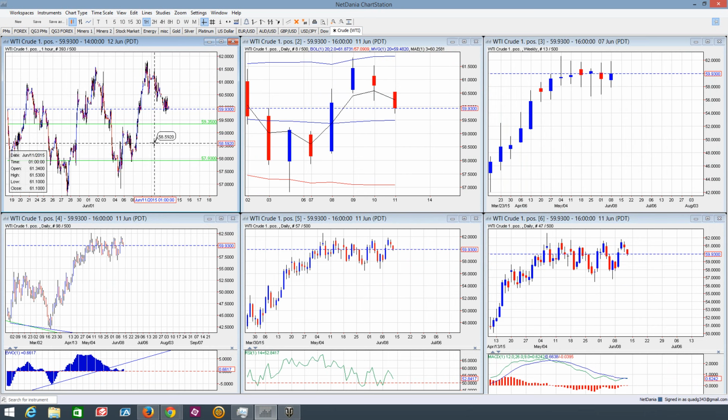All right, so crude oil, we've got so far just a three-wave move to the upside. My expectation is this is some kind of a fourth wave or possibly another sub-second wave, which we'll go over here in a moment.